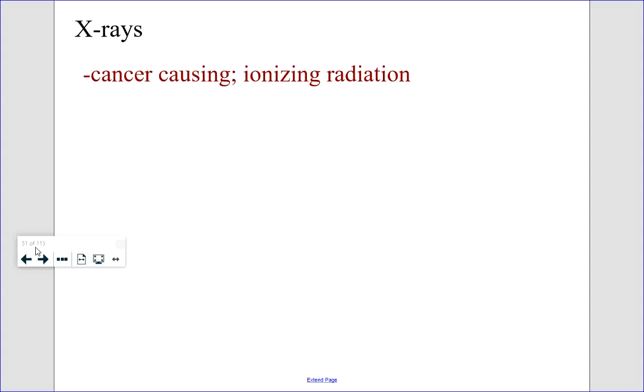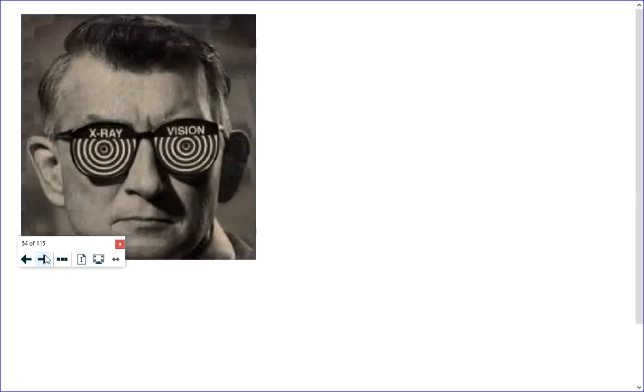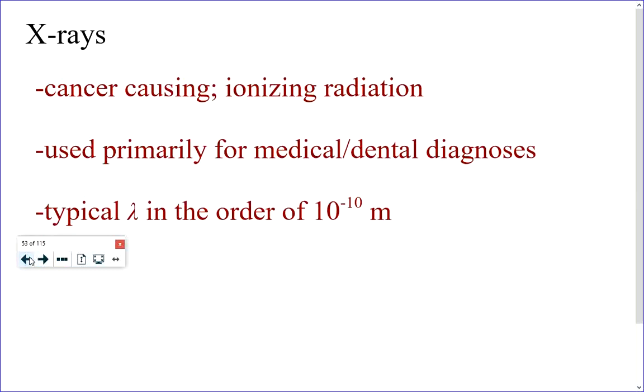X-ray radiation is produced in a very specific way. Electrons are accelerated to a high speed, and they're stopped by a metal target. I'll get back to that. I guess we'll do this first. Used primarily for medical and dental diagnoses. And an average kind of wavelength for X-rays is about 10 to the negative 10 meters.